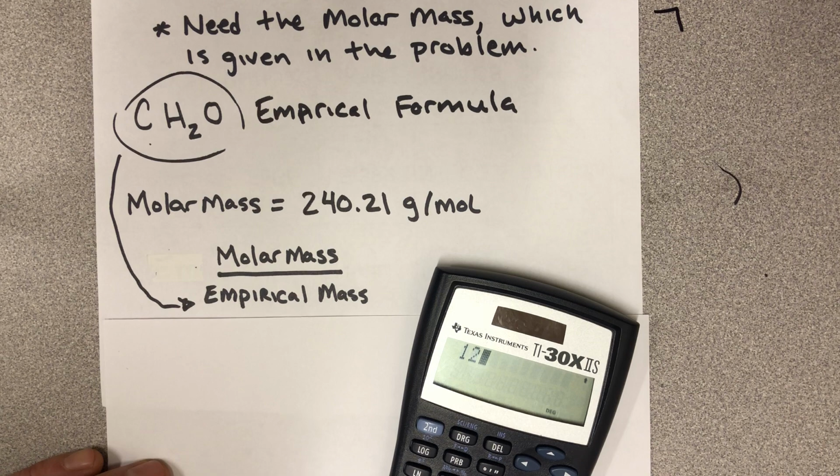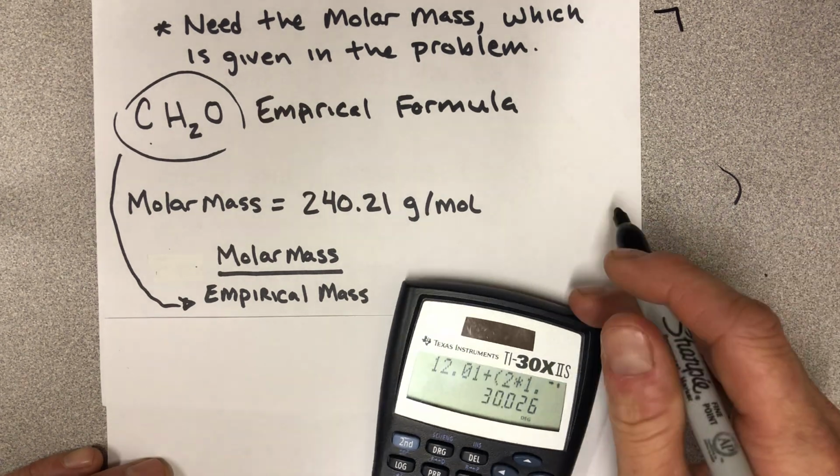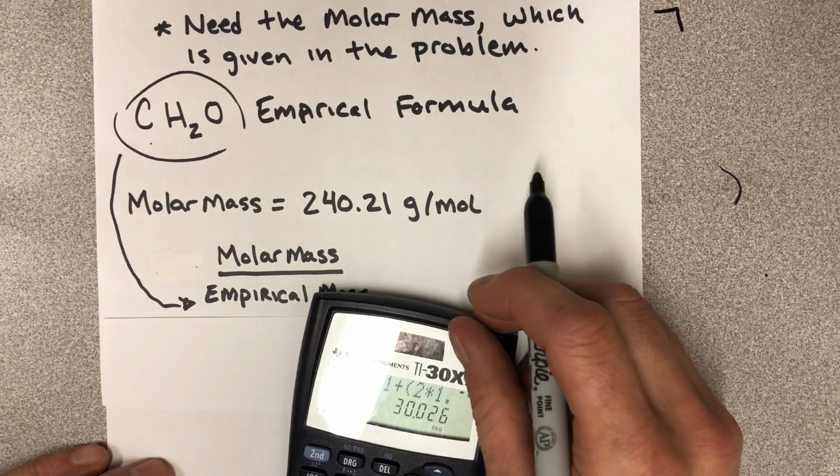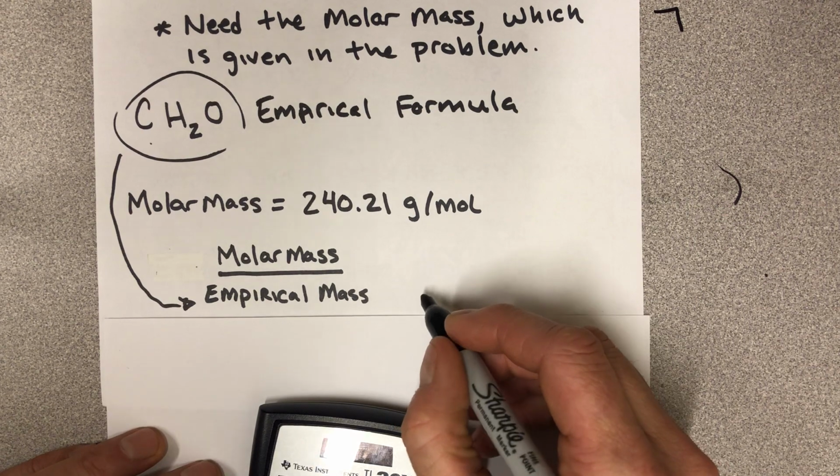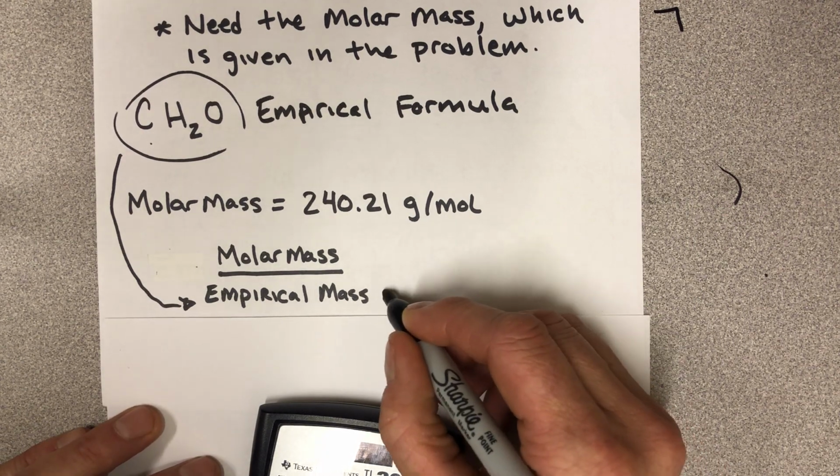So that's 12.01 plus 2 times 1.008 plus 16. So the empirical weight here of our compound, our empirical formula, has a mass of 30.03.